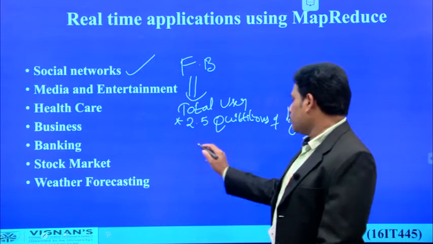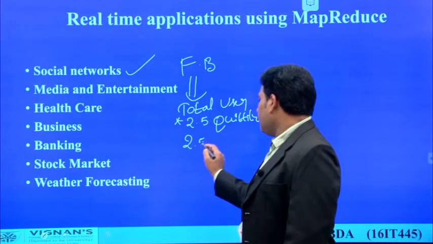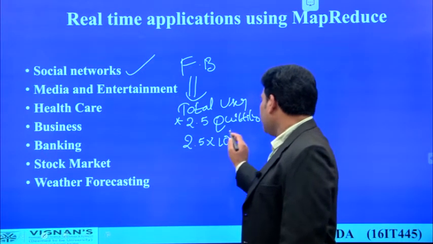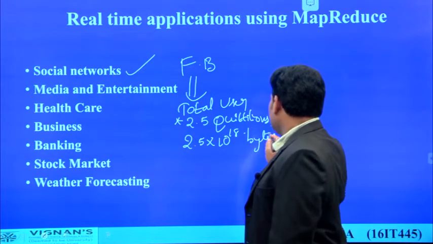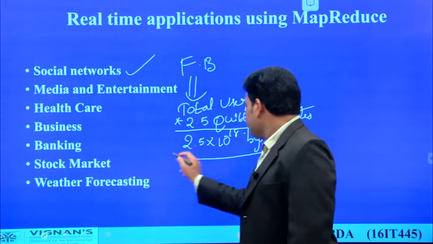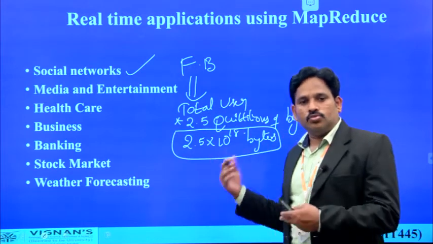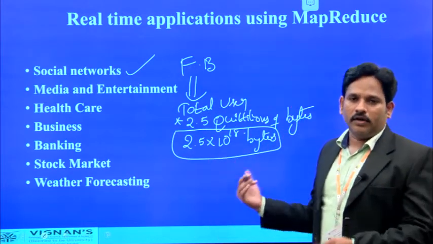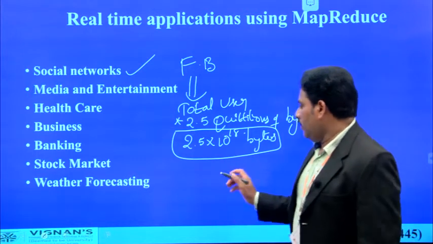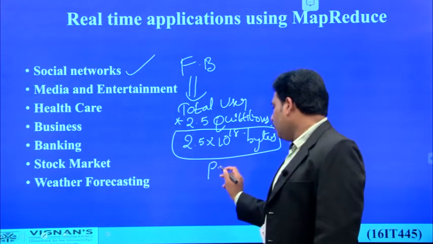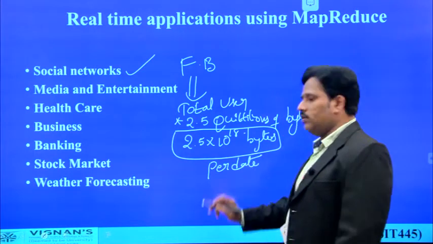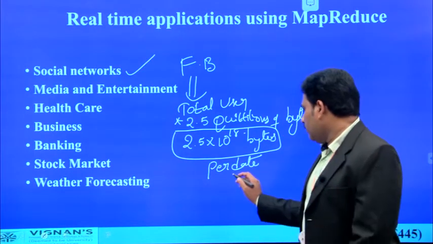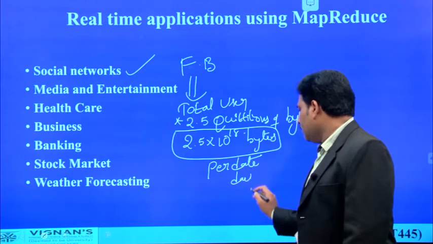That means it is approximately 2.5 into 10 to the power of 18 bytes. So this much data we are generating per day, either through social media or entertainment or any other means.